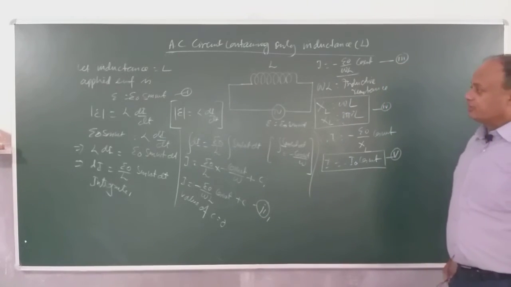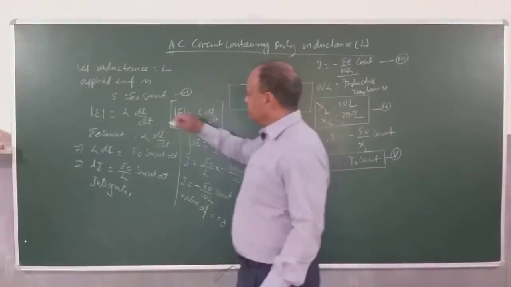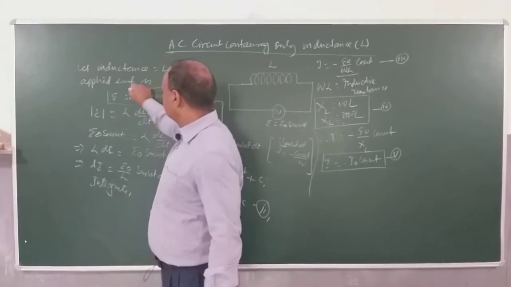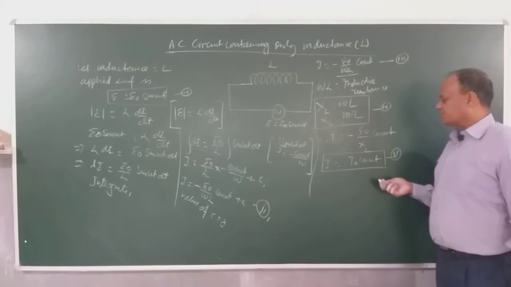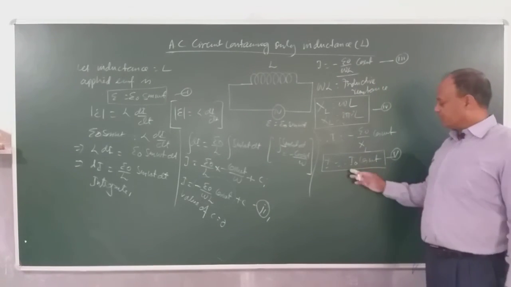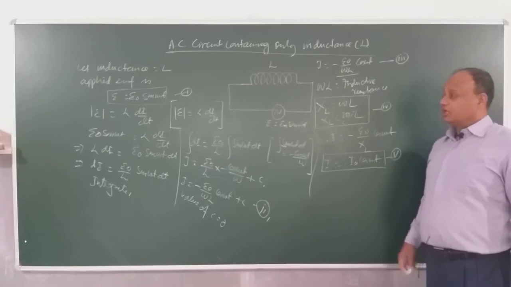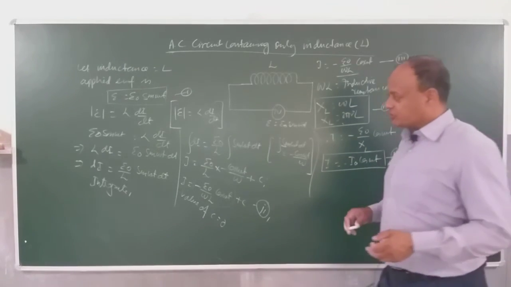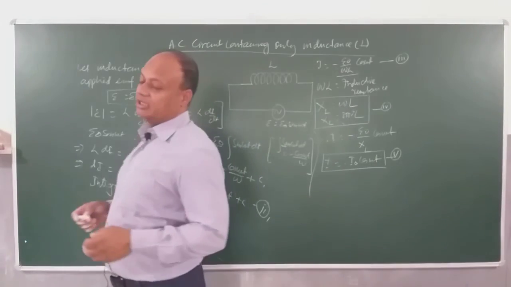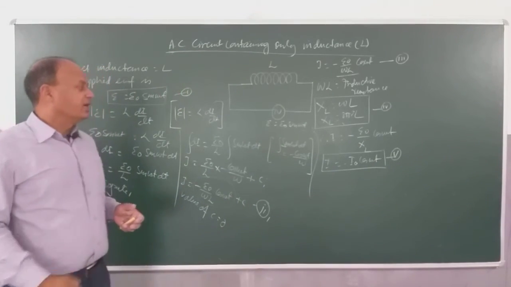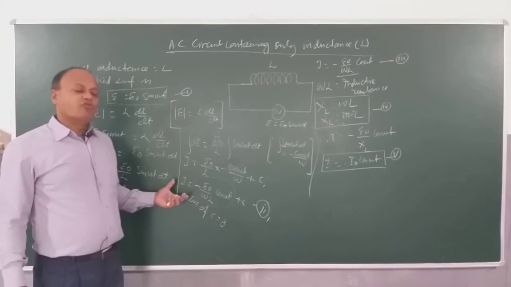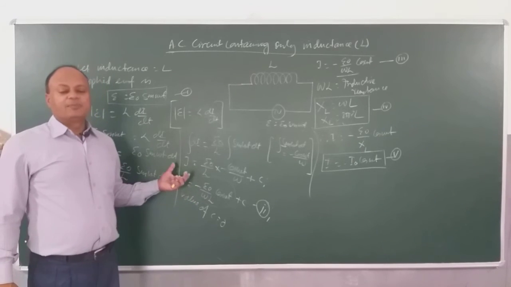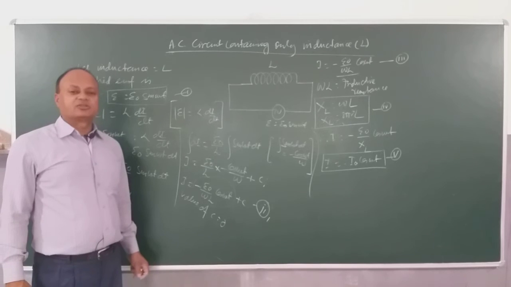Clear? So we conclude that if applied voltage is E naught sin omega t, then the current in the circuit is I equals minus I naught cos omega t. This result is very important and interesting when we study the phase relation between applied voltage and current. So we will see, children, what is the phase relation between applied voltage and current in the circuit.